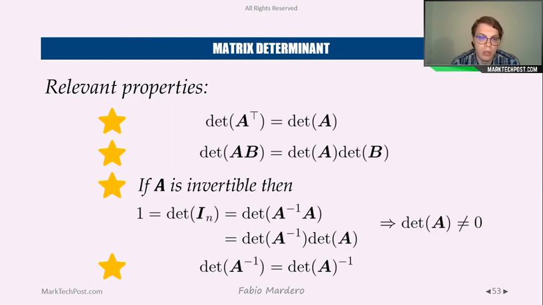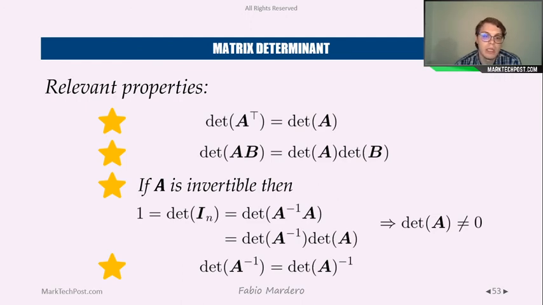But if A is invertible, the identity matrix can be written as the inverse matrix times the matrix itself. Thanks to the second property here, we can say that the determinant of this multiplication is the multiplication of the determinants. And since this product must be equal to 1, then the determinant of A must be unequal to 0.